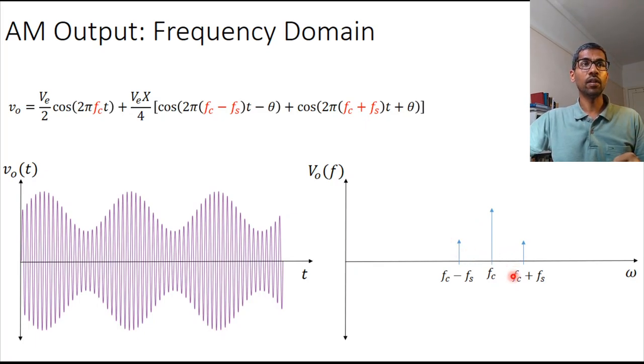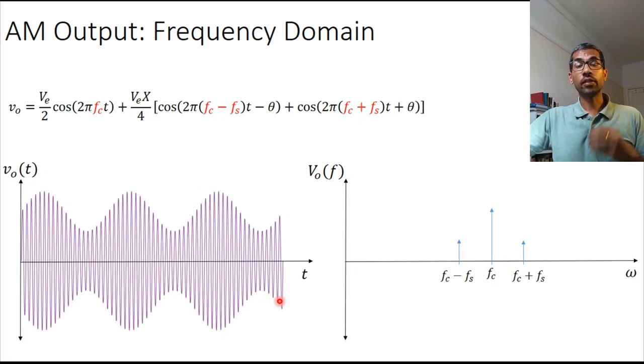Usually we call this Ve signal, the input to your bridge or the input to your signal conditioning circuit, the carrier signal, and x as the message signal. So we have two points on both sides of the carrier signal that carry the information about X that we want to get.